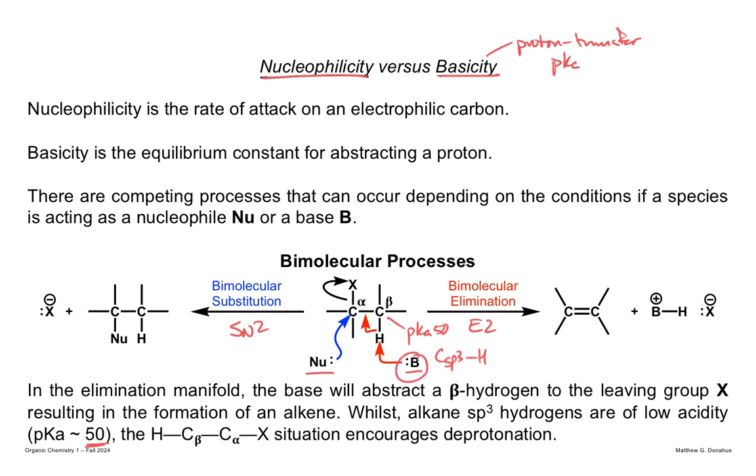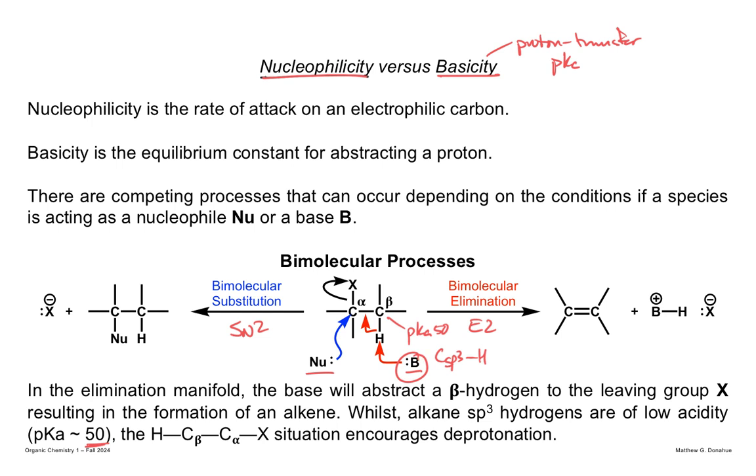But these bases that we learn are pretty weak bases. So if you have something that's a weak acid, you need a strong base to deprotonate it. But the arrangement of this X-carbon-H, that C-X bond lowers that acidity quite a bit. So it's more acidic, and you can use a weaker base to do it.